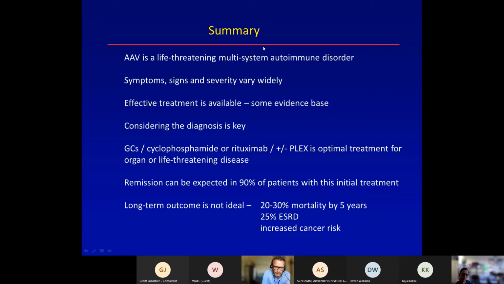Always the concern with rituximab is obviously once you've given it, it's there for 6 months or so. Whereas with cyclophosphamide, you're given the injections every 2-3 weeks, so it's a bit easier to reverse the effects. But broadly speaking, the side effect profile in the short term is the same. In the longer term, the issue with cyclophosphamide relates to cancer risk, which is higher than it is for rituximab.